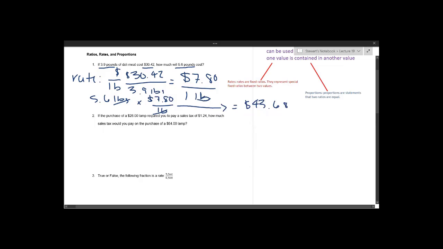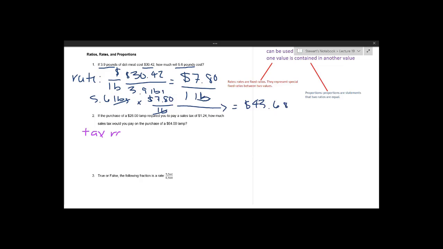So to find that out, we're going to take the tax that we know we paid, and divide it by the price.